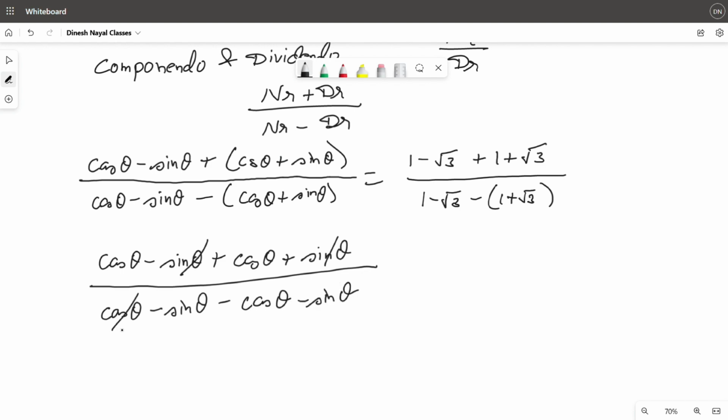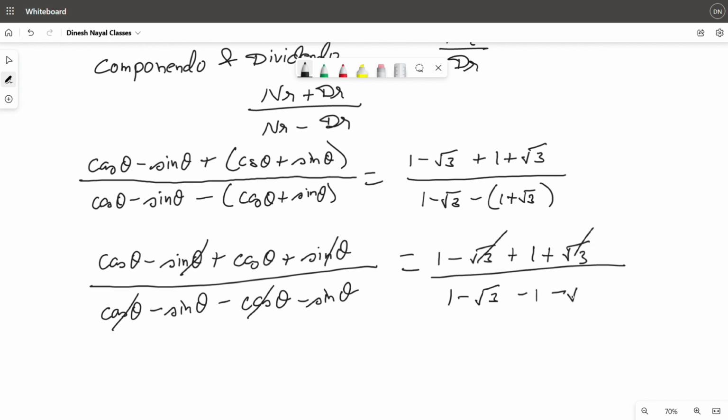So cos and cos will get cancelled. On the right, minus root 3 and plus root 3 will be cancelled out. So this is 1 minus root 3. Now if you open the bracket, this will be minus 1 minus root 3. So 1 and minus 1 will get cancelled out.